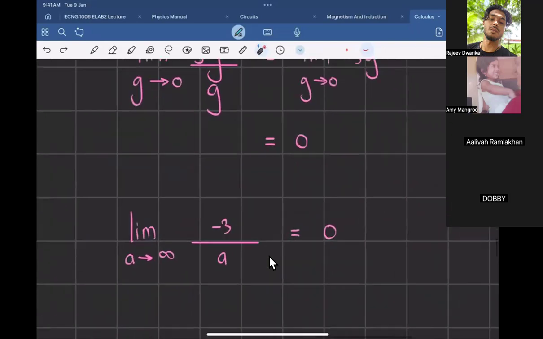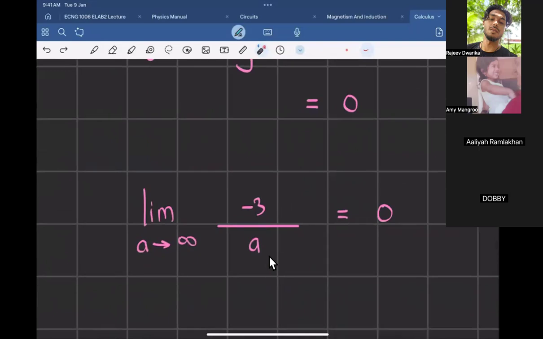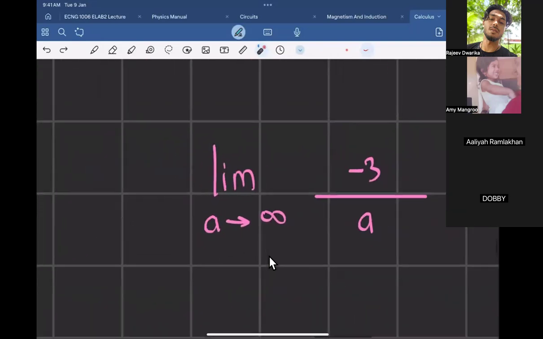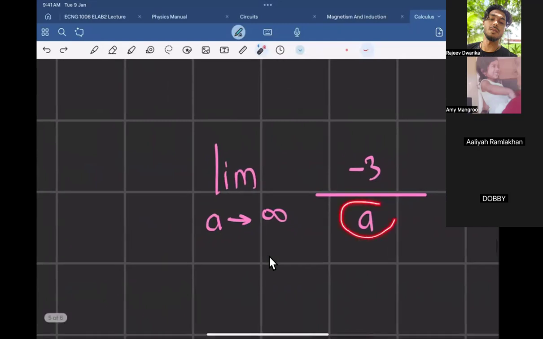Yeah, I guess. Okay. Now we have minus 3 over a. What happens if a gets bigger and bigger and bigger? What happens to this fraction? The number in the bottom is getting huge. The fraction is getting smaller?